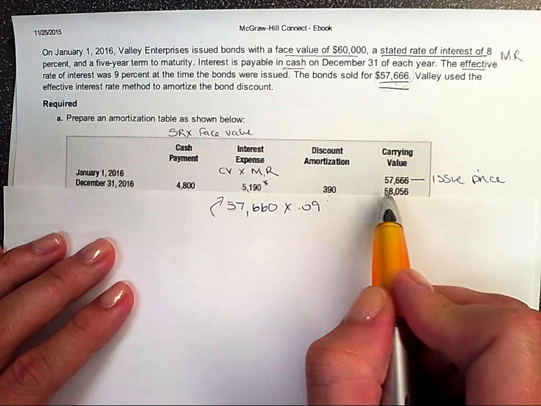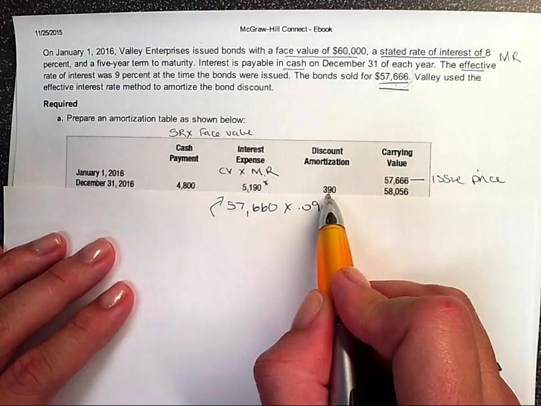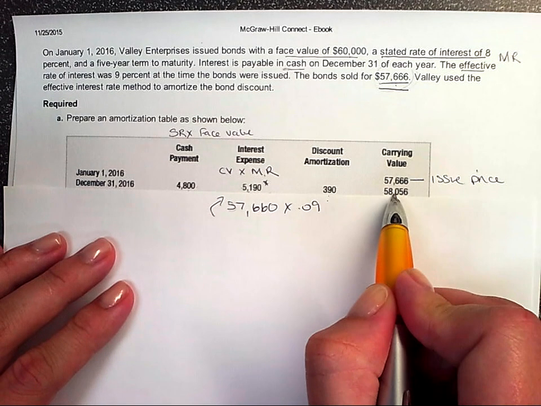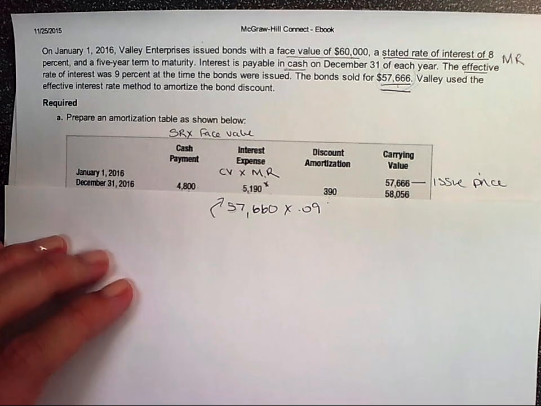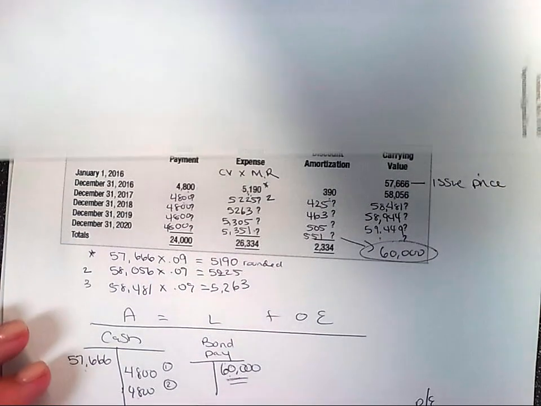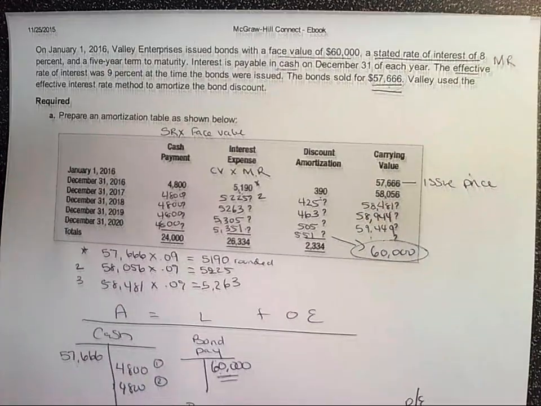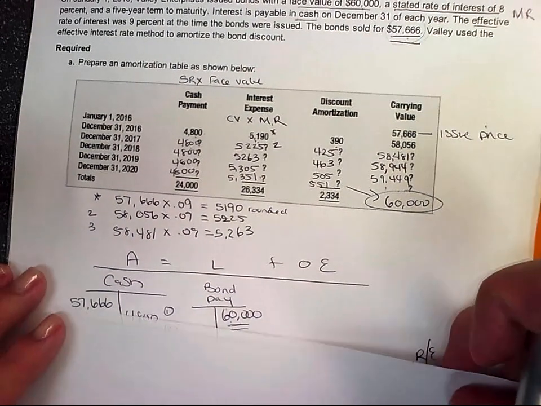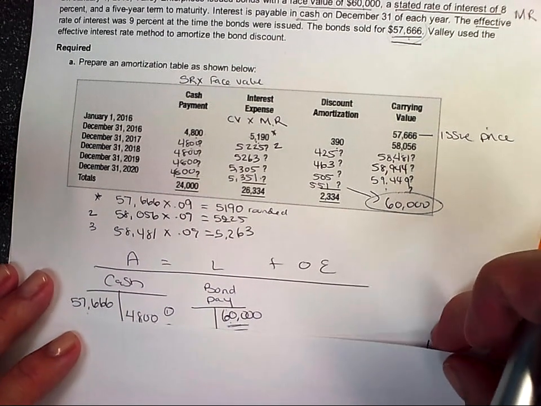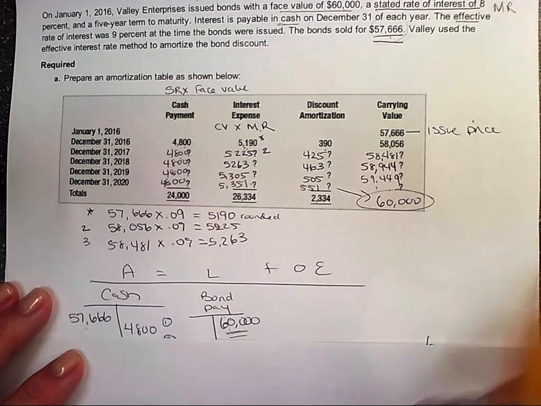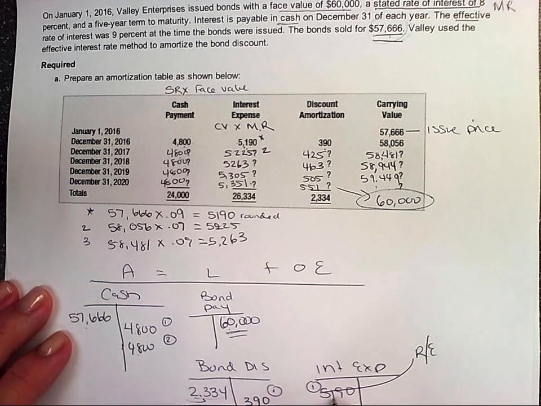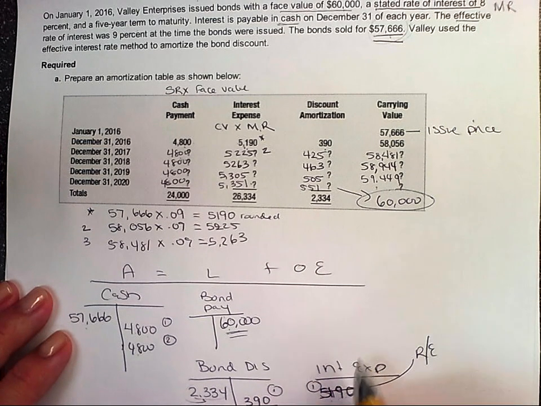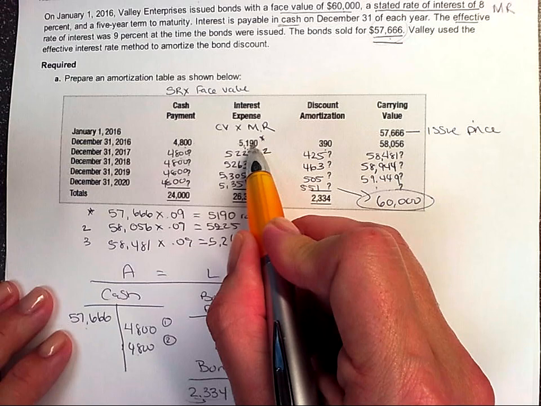If we sell a bond for a discount, when we amortize the discount, it should increase the bond's carrying value. Let's look at a table first here. The first cash payment we make for the bond is $4,800. We also calculated our interest expense in year one to be $5,190.